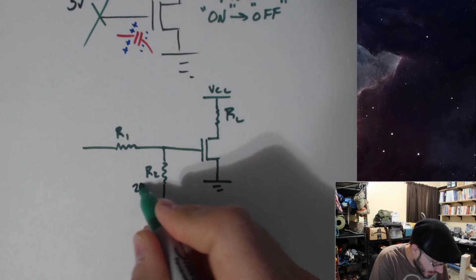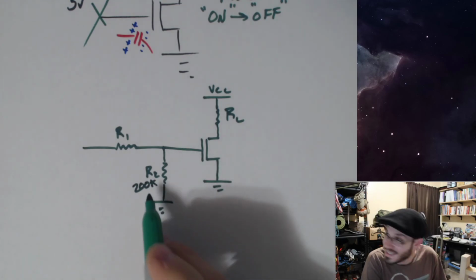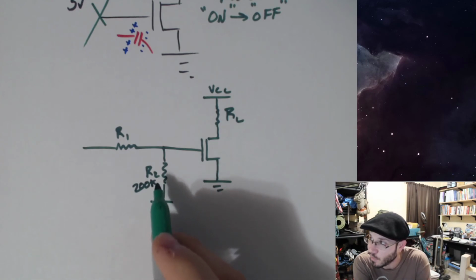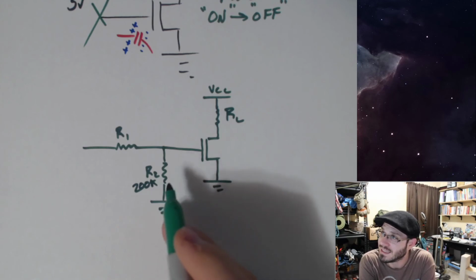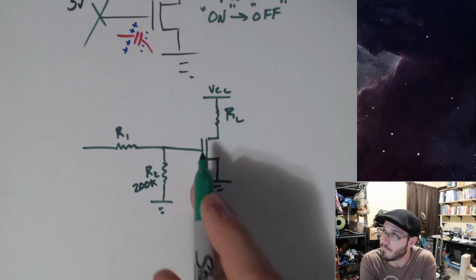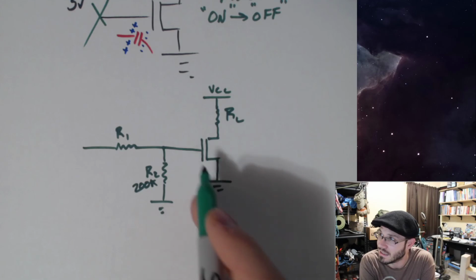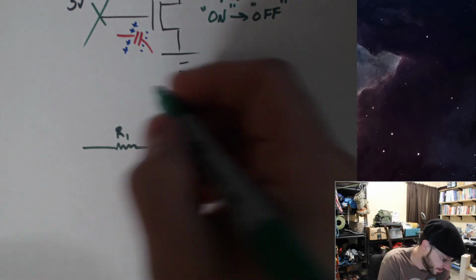Put in something like a 200k ohm resistor. We're not talking about a very low resistance, we're just a very large resistance to help us discharge the capacitance on this MOSFET on the gate.